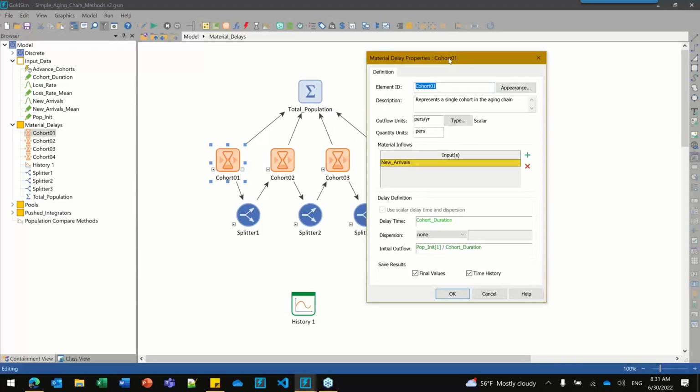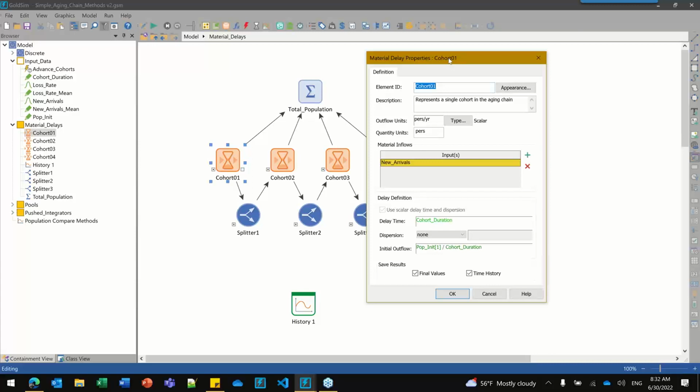And so with a material delay, you get a couple of added benefits, or I guess a little bit more flexibility in some ways, as opposed to the pushed discrete change that I was showing you earlier. So with a material delay, you're working with flows now. That's just the way the material delay works. And you also need to consider the material delay conceptually, in terms of a conveyor belt, where you're adding some sort of material, as a flow, onto the front end of the conveyor.